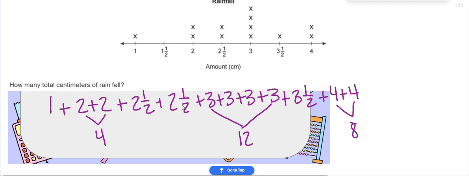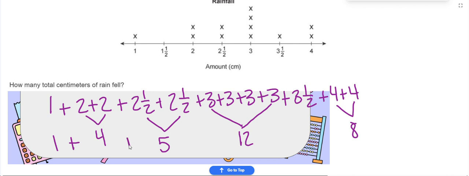And then 2.5 and 2.5, you can think about this as 2 and 2 together make 4, and then a half plus a half makes 1, so 4 plus 1 is 5. And some of you may already know that anyway. So now it should be a little easier to add.